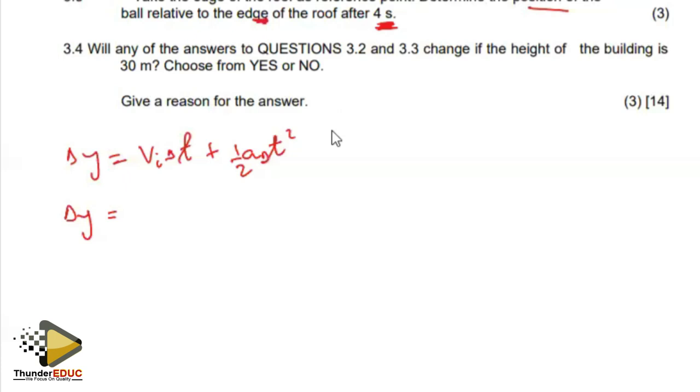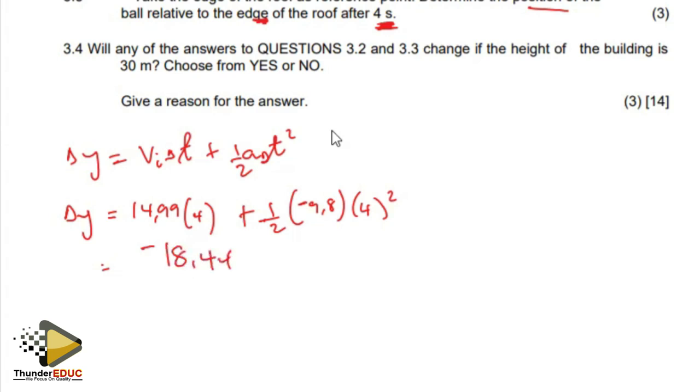And then the substitution, then you replace a with g. Okay, so V initial, we said it's 14.99. Now we're looking at 4 seconds plus a half, that's going to be negative 9.8 times 4 squared. Okay, if I punch that into my calculator, saying 14.99 times 4 plus 0.5 multiplied by negative 9.8 multiplied by 4 squared. That gives us negative 18.44.